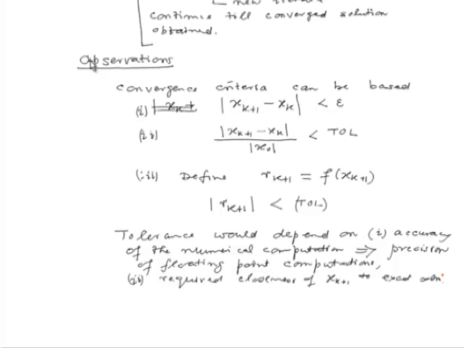Now, but remember that tolerance is intrinsically linked to the precision which we are going to use for floating point. If you have used single precision and if you prescribe a tolerance of 10 to the power, let us say, minus 10, that is meaningless. So, if you want a tolerance of the order of 10 to the power minus 10, we have to perform our computations in double precision arithmetic.